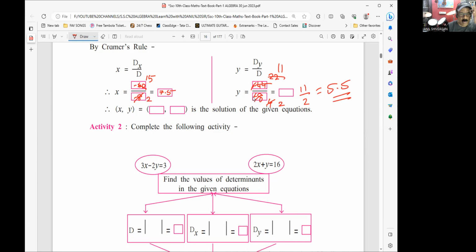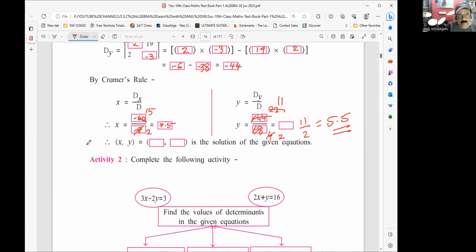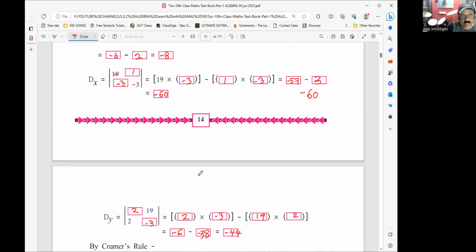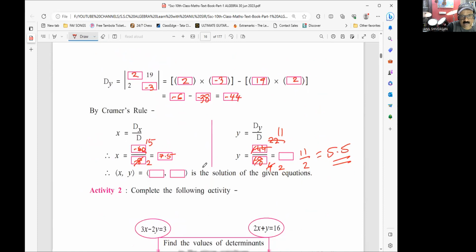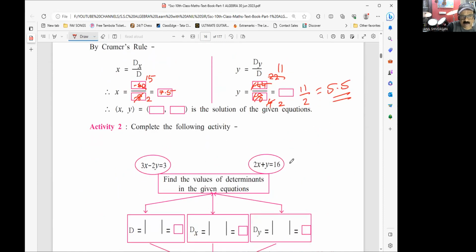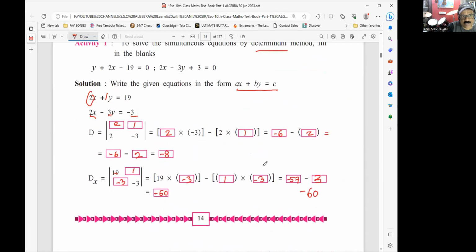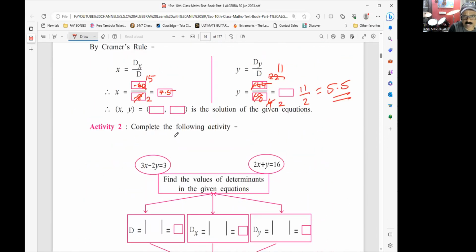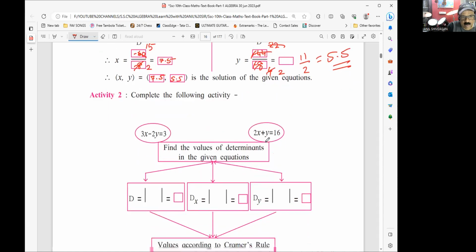So we have solved the equations 2x plus y equal to 19 and 2x minus 3y equal to minus 3. The solution is x equal to 7.5 and y equal to 5.5.